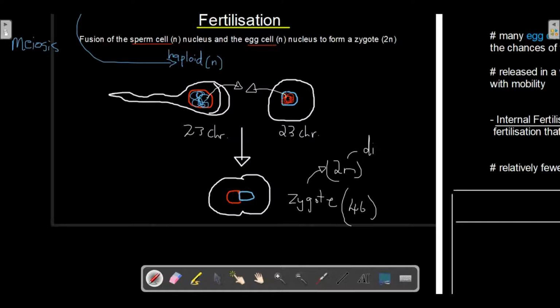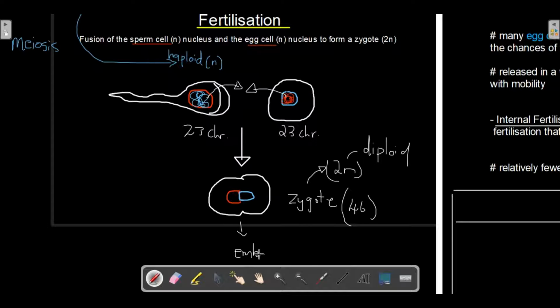So we allocate the 2n to the zygote to represent that it is diploid. Haploid gametes fuse together, their nuclei fuse together, and they result in this structure that we call a zygote, which is diploid, or has 46 chromosomes, and then this will develop further and further into an embryo.